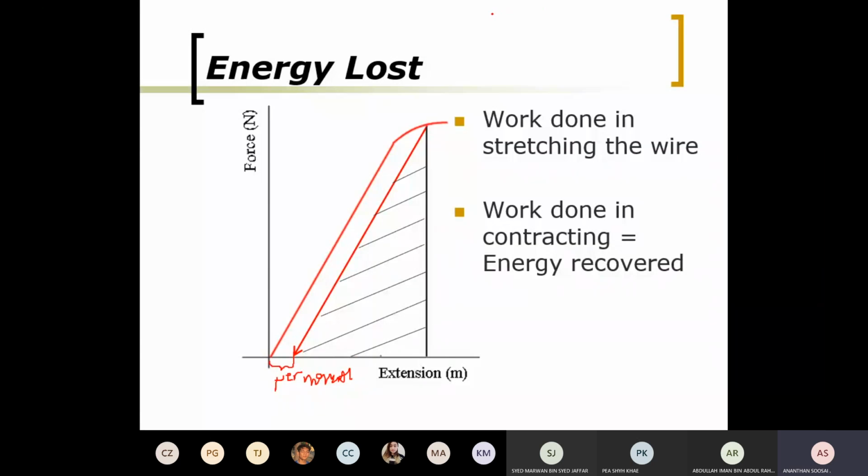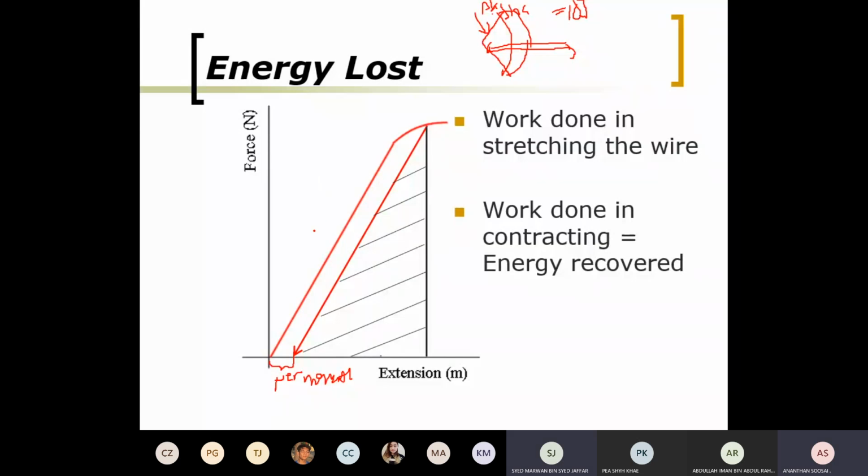Okay, like let's say you have a string. So you're an archer, so you launch something. Let's say the rubber was extended up to plastic deformation. When you stretch it, let's say you did 10 joule.